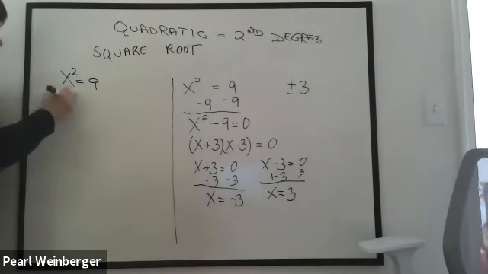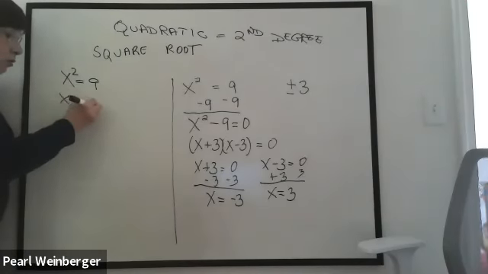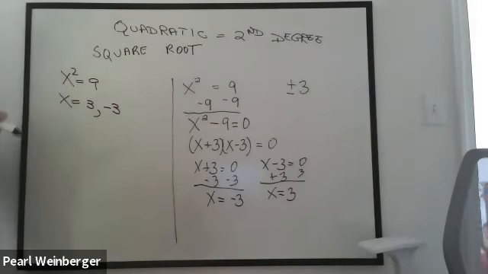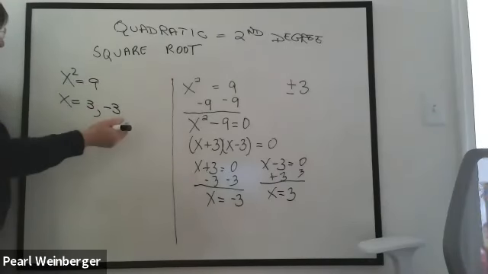Obviously, it's 3. But it could also be negative 3, because when you square negative 3, it'll also give you 9. So with literally almost no work, I could have come up with the answer being plus or minus 3.